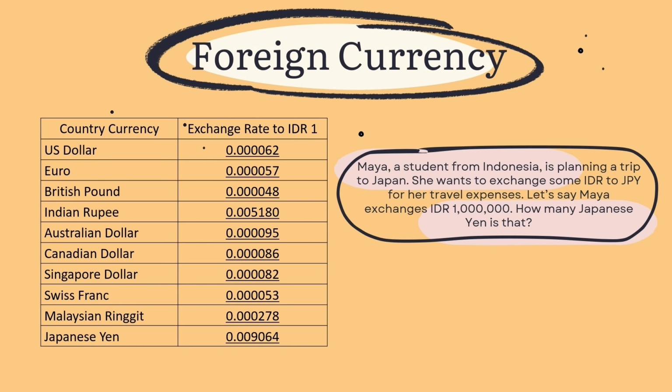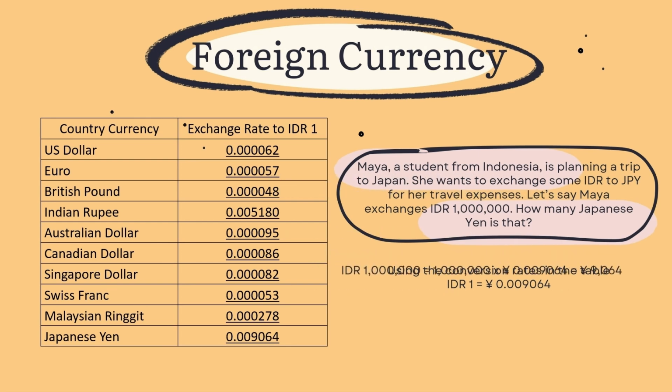Let's say Maya exchanges a million Indonesian rupiahs. How many Japanese yen is that? So to calculate this, we use the conversion rates in the table. 1 Indonesian rupiah is equal to 0.009064 Japanese yen.